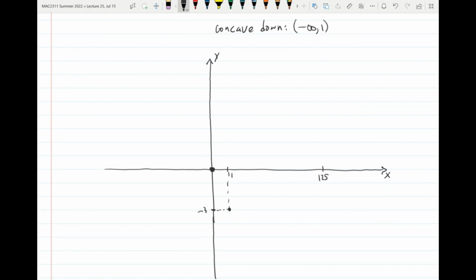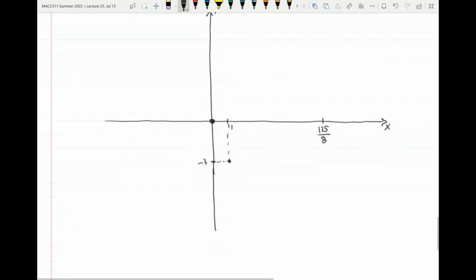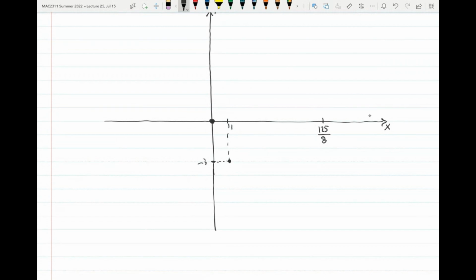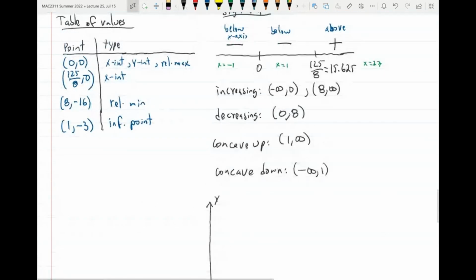Okay, I know this is not 15 from 0 to there. It's not 15.625, but I need either a very tiny unit length or a very long x-axis, and then the picture will be uncomfortable. So we're just sketching anyways. That's an x-intercept.